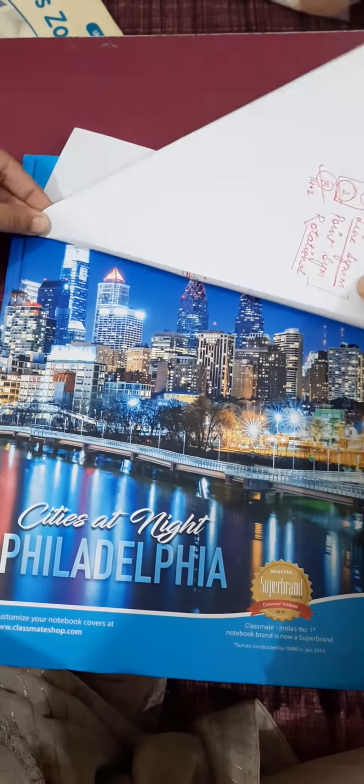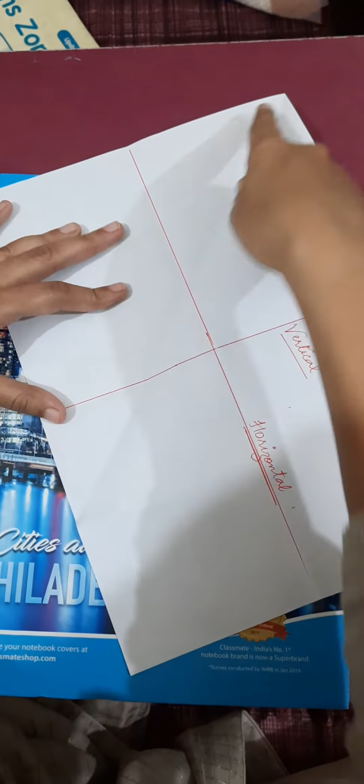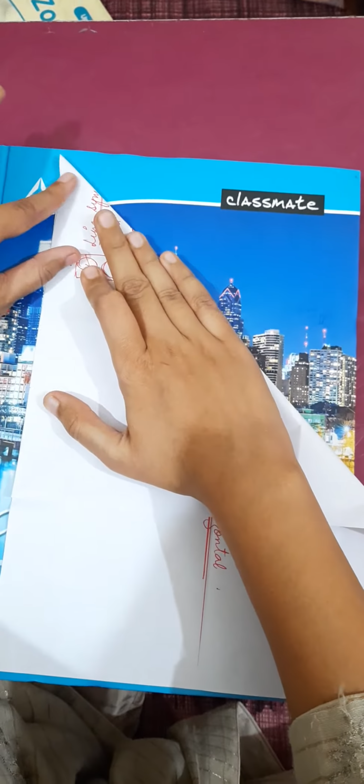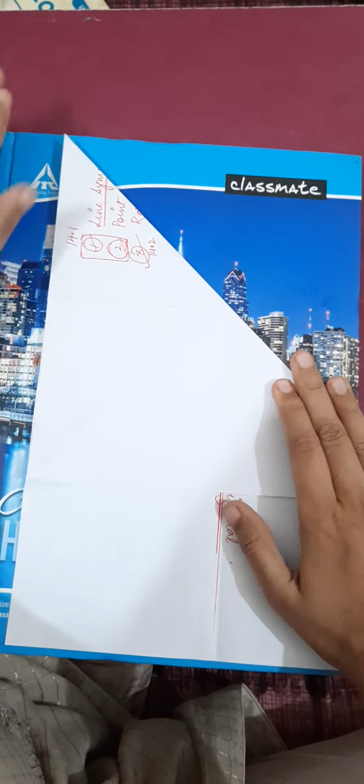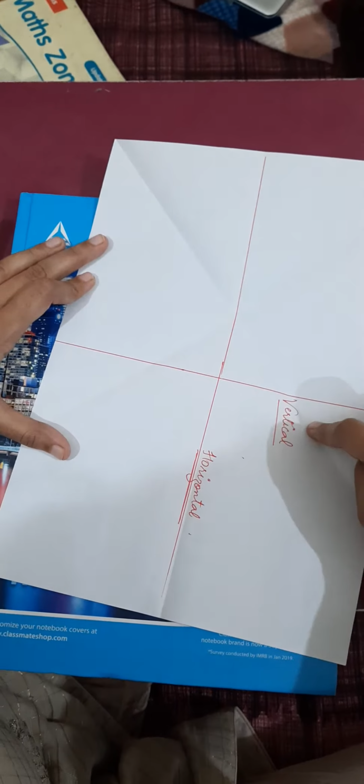That means I cannot say that this slanting fold is the line of symmetry, because it is not covering the other part of the page. Similarly, if I take this corner and fold it like this, again you can see this much part is left which is not being overlapped or covered up. So this is also not a line of symmetry.